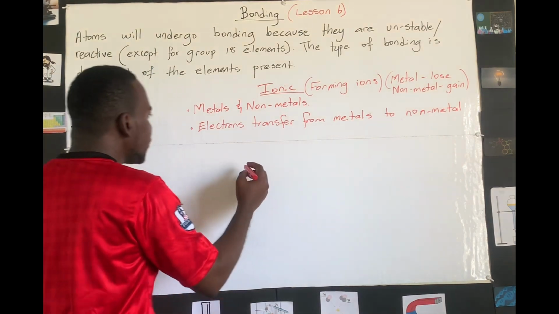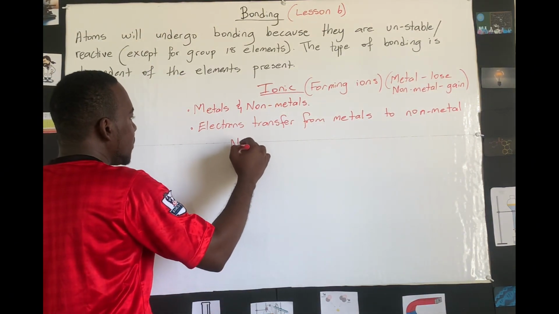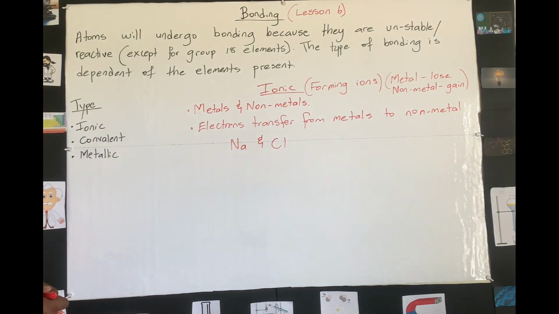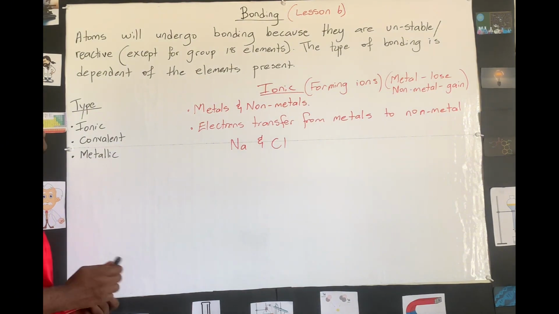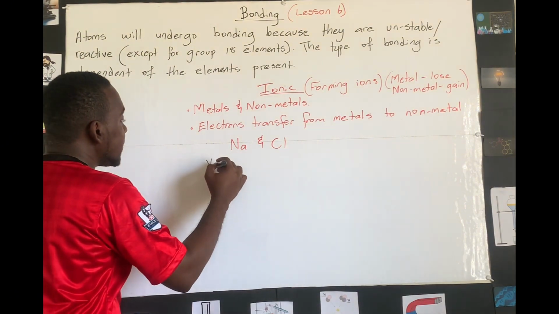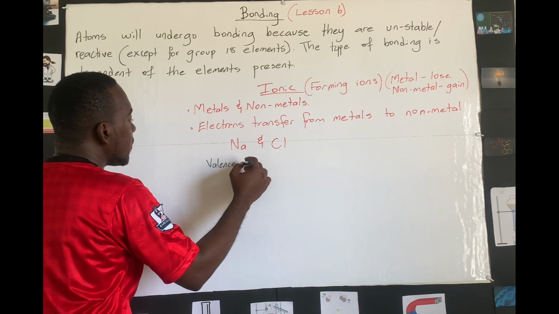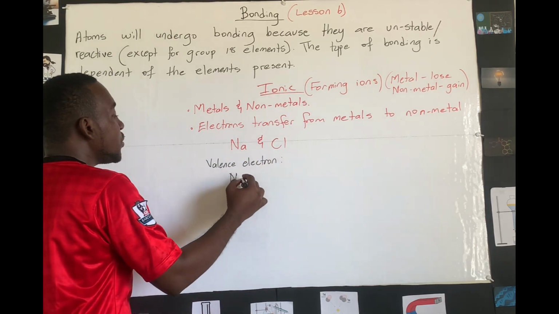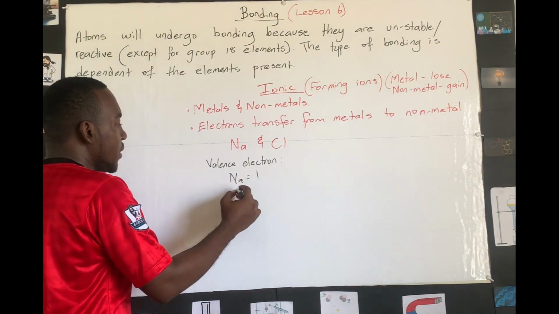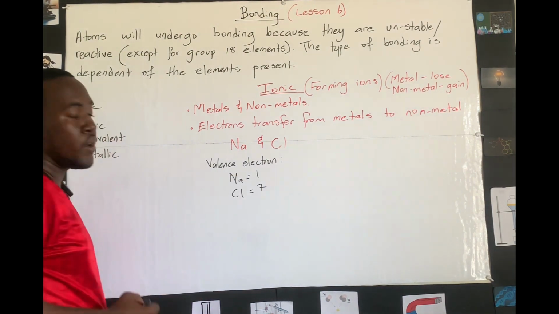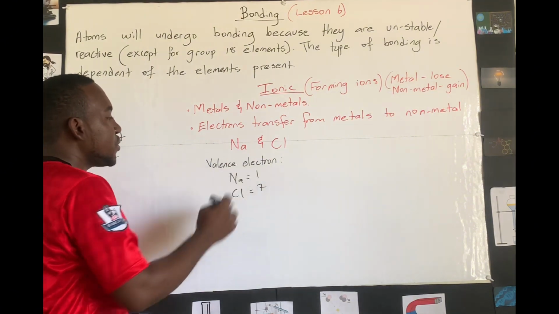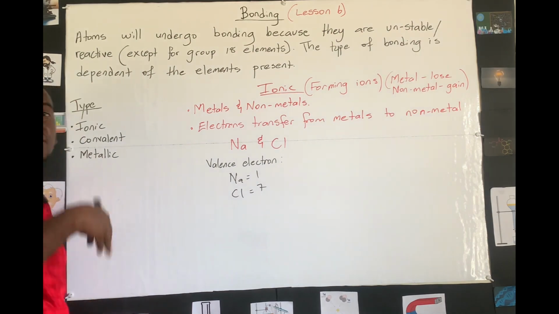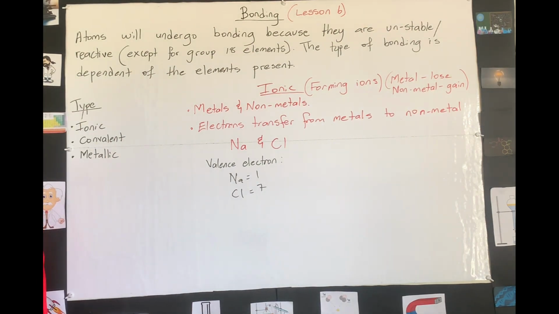Now, let's look at an example. Let's look at sodium and chlorine. So how do we know? I normally first identify the valence electrons. Sodium has 1 on its outer shell, chlorine has 7. How do we know? From our periodic table, sodium is in group 1, chlorine is in group 7, so it has 7 on the outer shell.